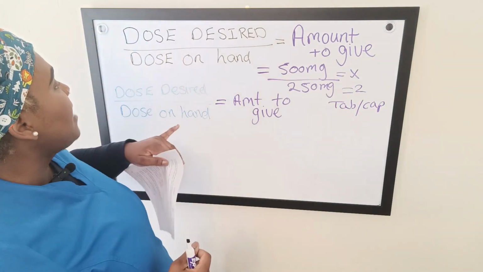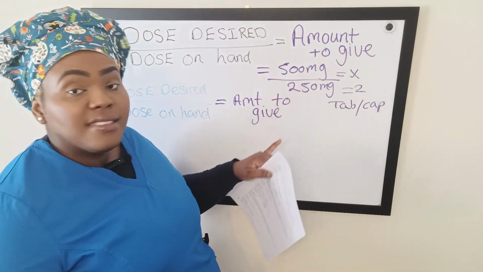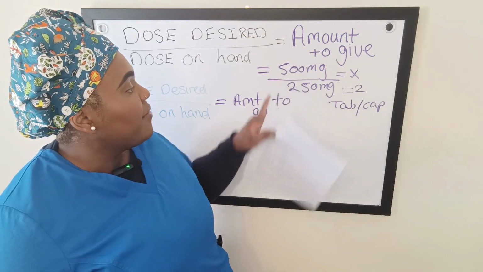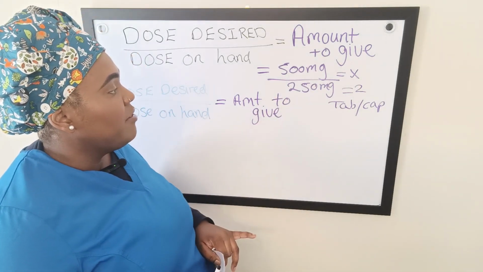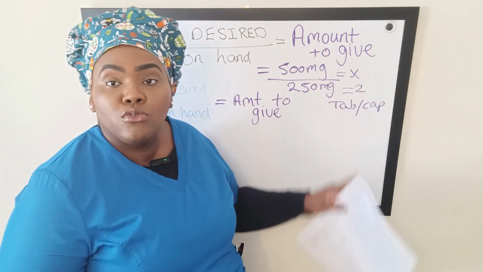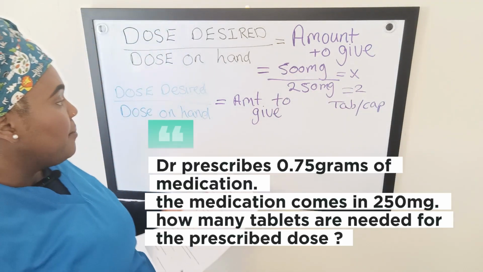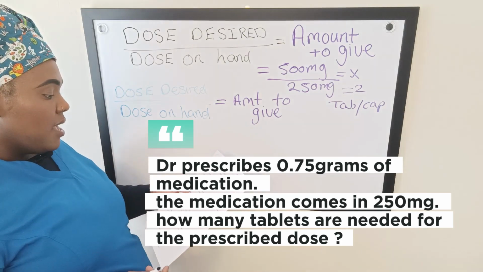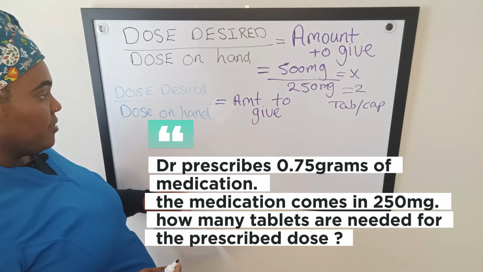So dose desired divided by dose on hand equals the amount to give. So 500 milligrams, which is our dose desired, divided by 250 milligrams equals 2 tabs or 2 capsules, as our first example.